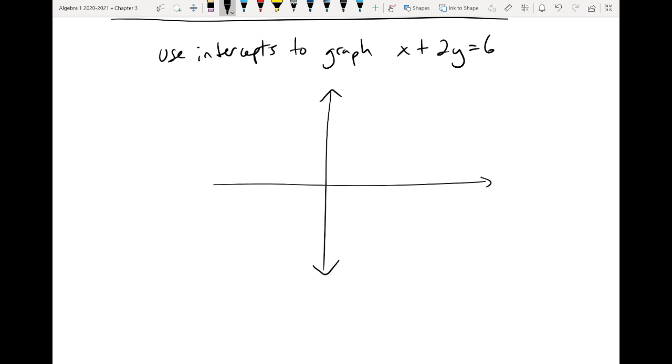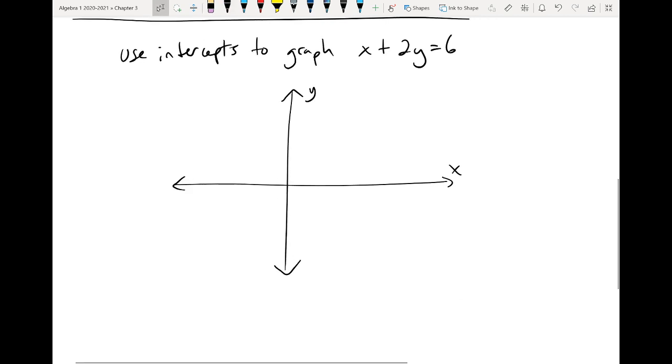Create our coordinate plane. Of course, we have the y and the x-axis. And here's how we graph using intercepts. First of all, we're going to cover up each of these. What I really like about these problems is that you can solve them with your thumb.